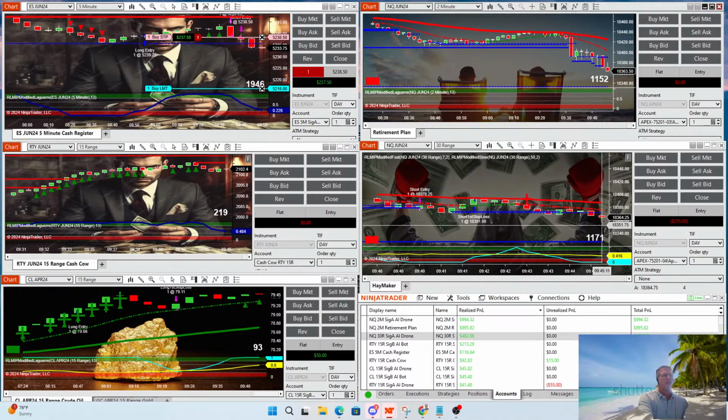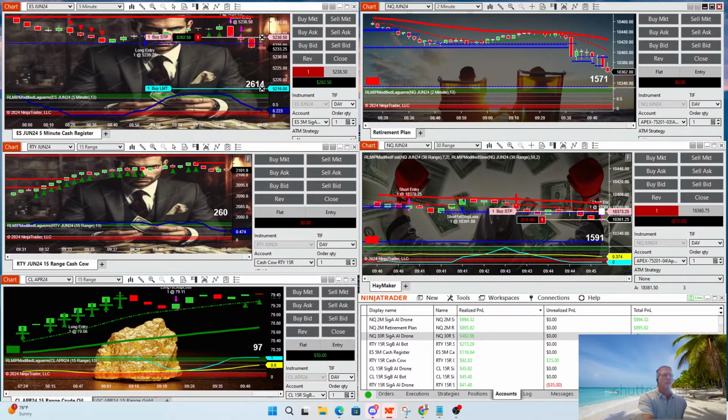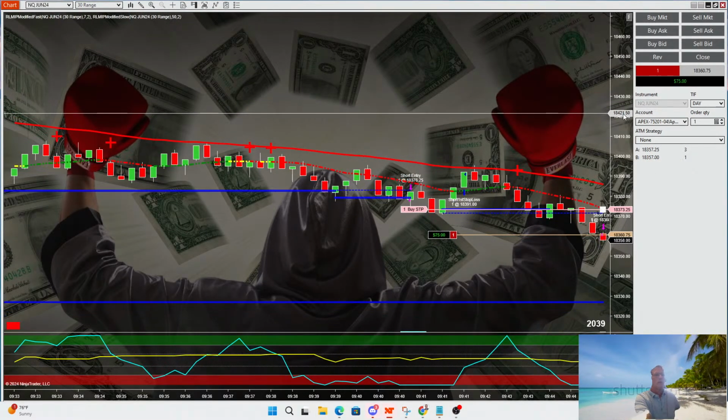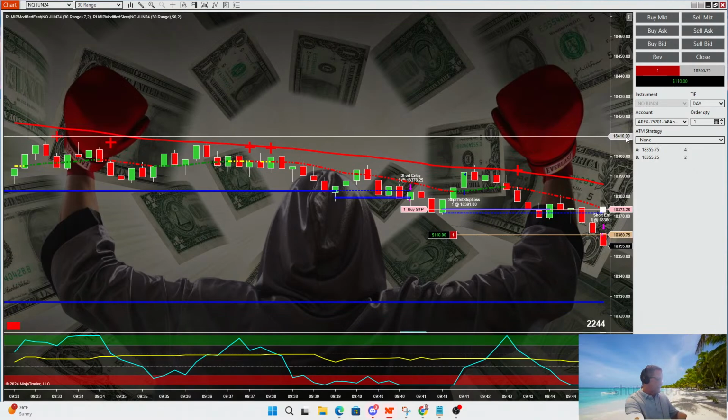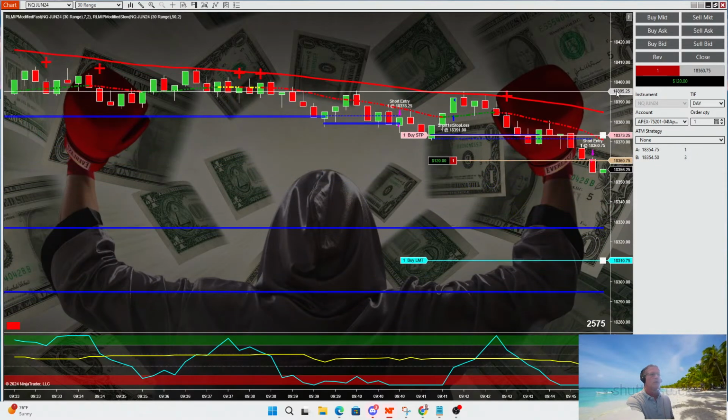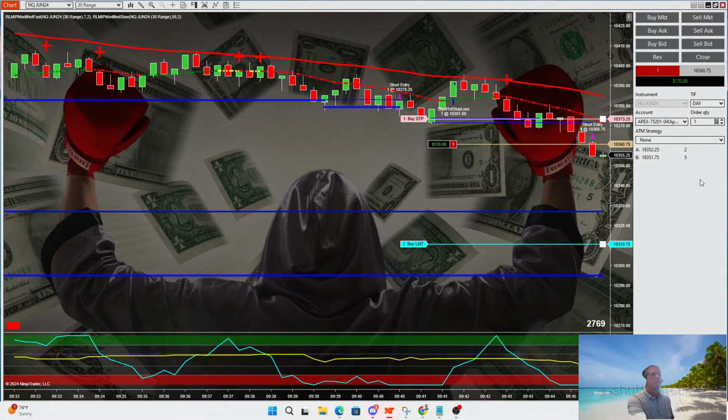I'd like to see it pop into this trade short here. There we go. Let's see if we can get some legs on this one. Get a little wiggle room and take some risk off.